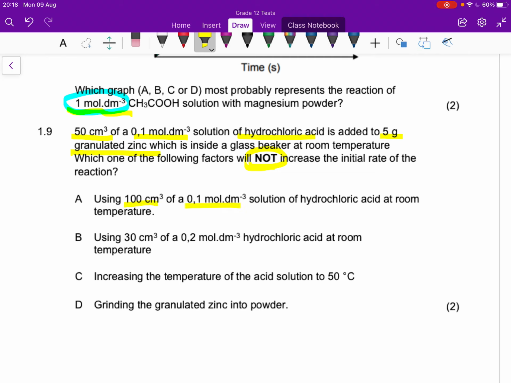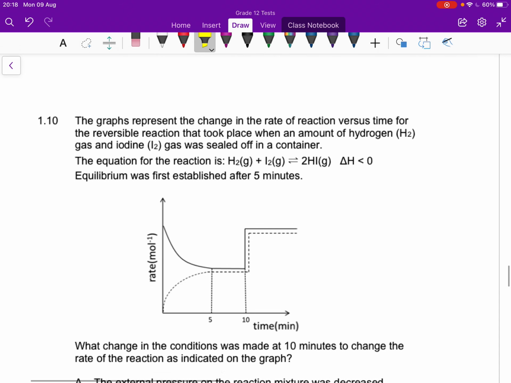All we've done is changed volume. That probably won't, no. Using 30 centimeters cubed of 0.2, absolutely, I've got an increase in concentration, so it's not that. Increasing the temperature always increases rate. Grinding the granulated zinc into powder, well, powder will increase the rate, so it's not that one. It's definitely A.